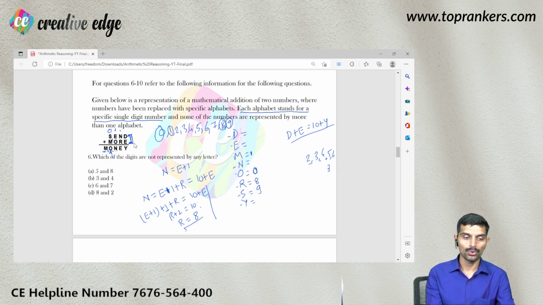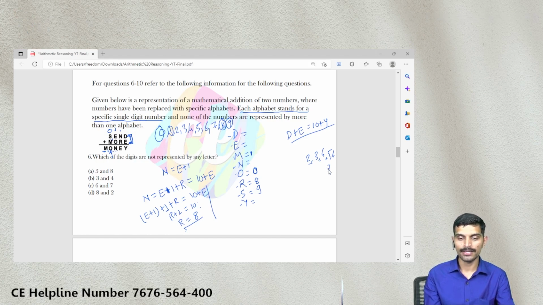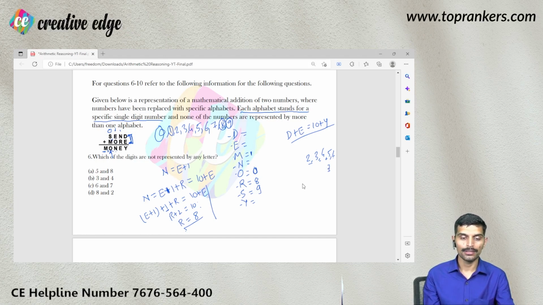So let's try to have these two added, and we have E plus 1 equals N. So I can definitely say E cannot be 7. Why?